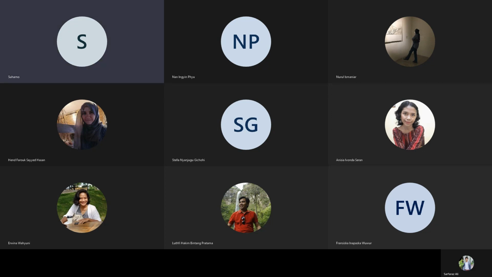Lion group meaning they were talkative in the class, my African friends and also native British. And the lamb group is from Indonesia, meaning we didn't talk much. I talked once in a while, but my other two friends kept silent during the class.